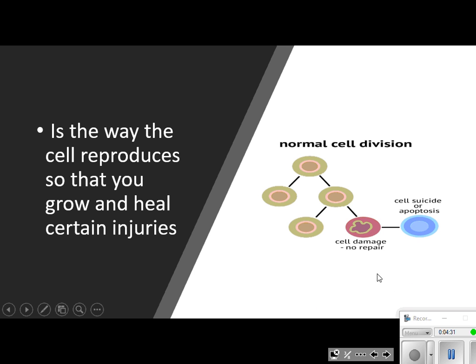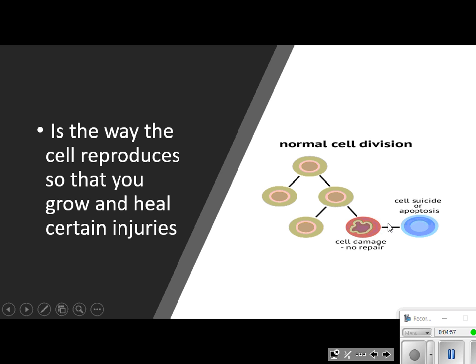If you look here, here's cells dividing. And here's a damaged cell. We'll talk about later on these damaged cells. Apoptosis, which we'll talk about later on, is something about the death of the cell.